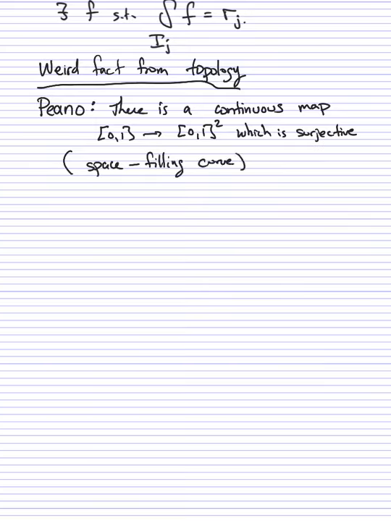And actually, you can replace the word 2 with n. That's totally legit. And any cube, so here's the picture. You have a map here. It goes onto the square, and it fills up everything. Okay, so everything in the range is in the image of some map. Which I think is pretty surprising.